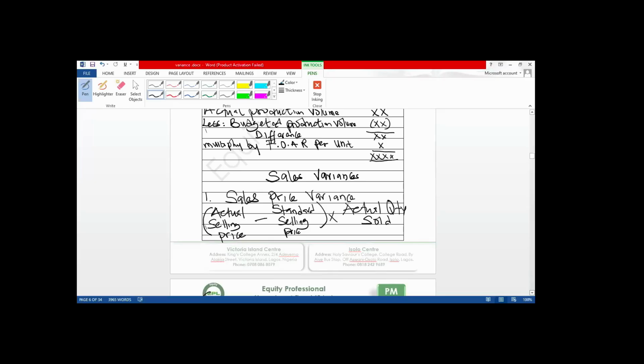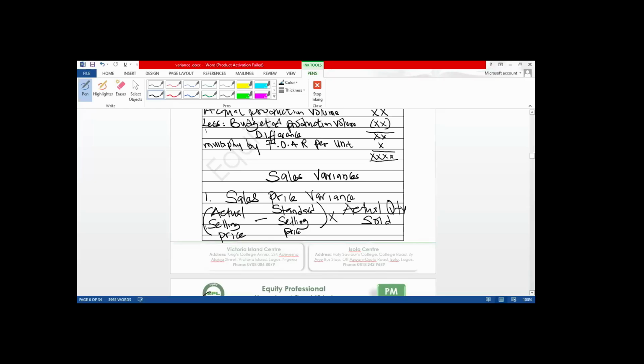Your sales price variance. When we say sales price variance, that means actual selling price is different from standard selling price. Without cramming, if you say sales price variance, that means actual selling price is not the same with the standard selling price.